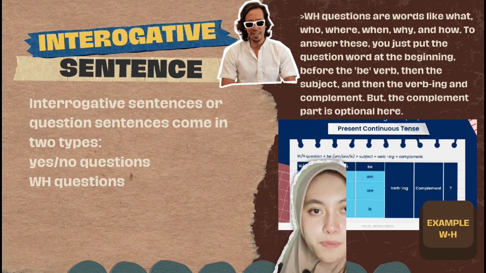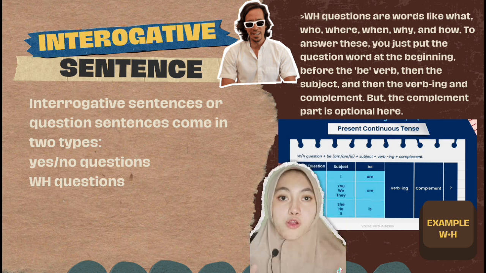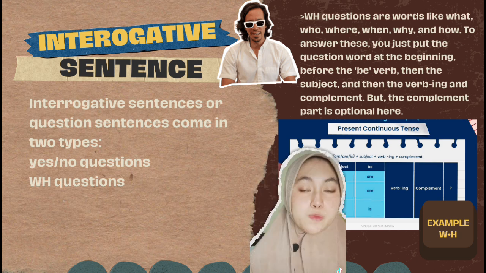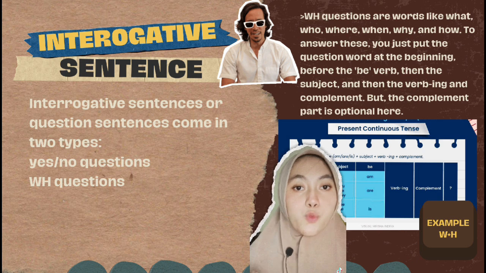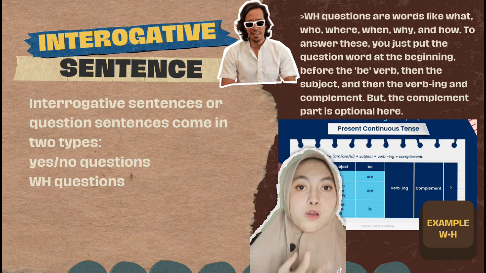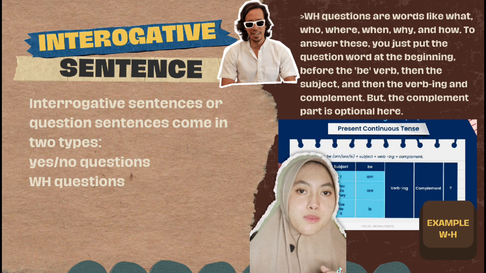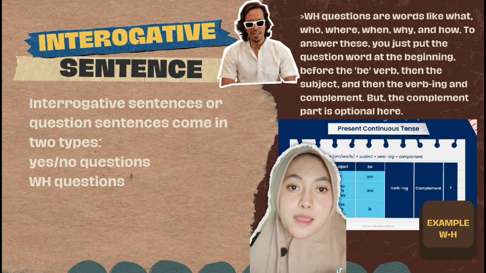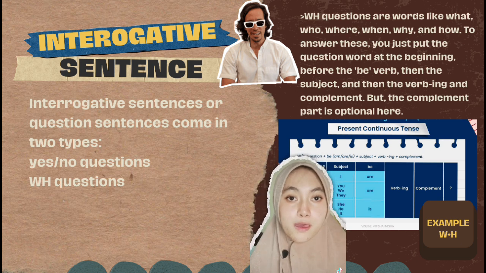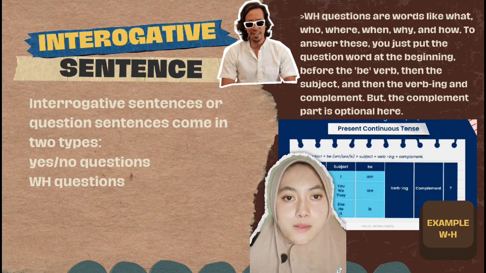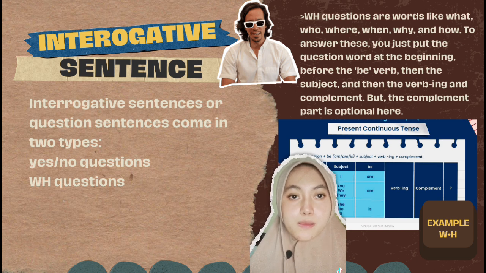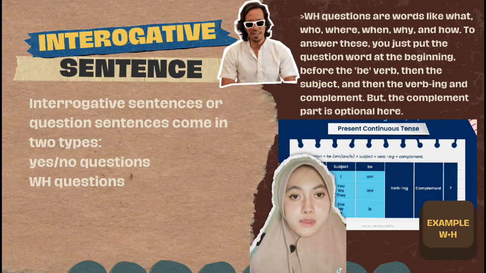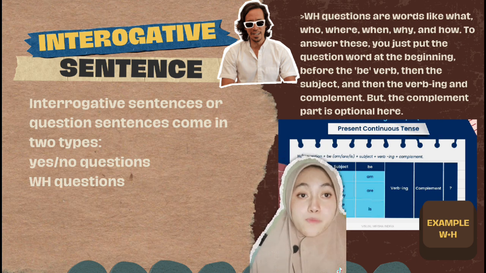Let's see the table below. According to the table, we know that the first step to make a WH question is we just put a question word like what, when, who, where, why, or how, and then follow with to be, then subject and verb plus ing, and last you can add a complement.